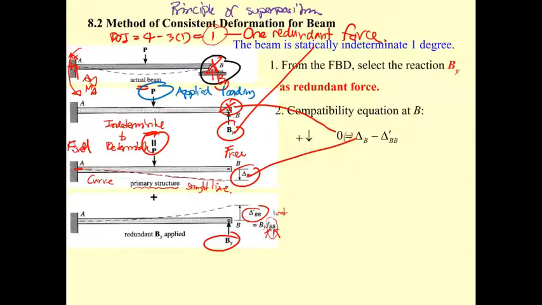And delta prime sub BB is upward, so we have a negative here.